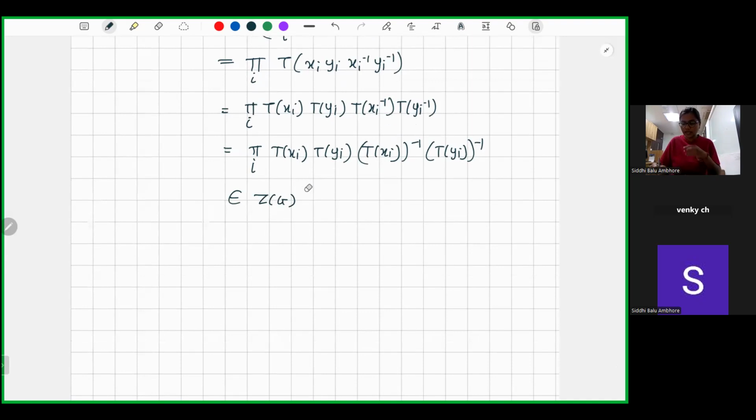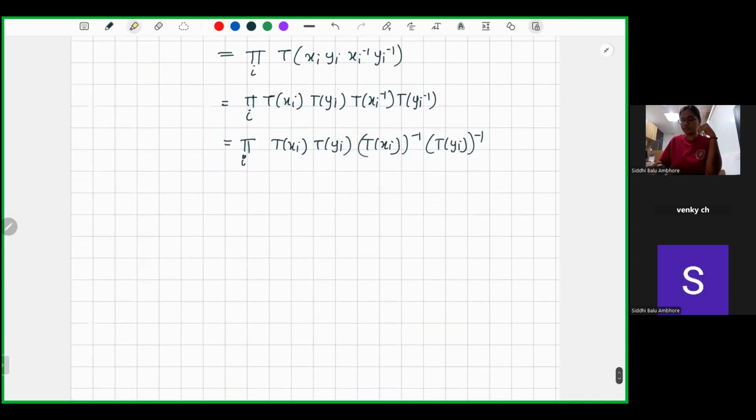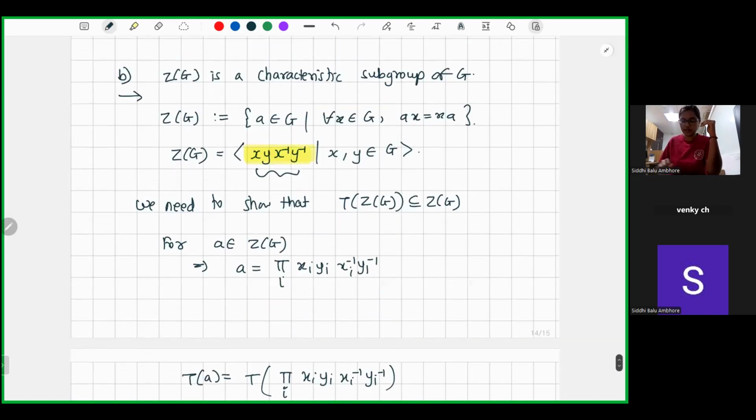Because here I have a product over i. This is again a product of elements of this kind, Xy, X inverse, Y inverse. And the image which I have here, we are again in G. Each of these elements belongs to the set which we have here.